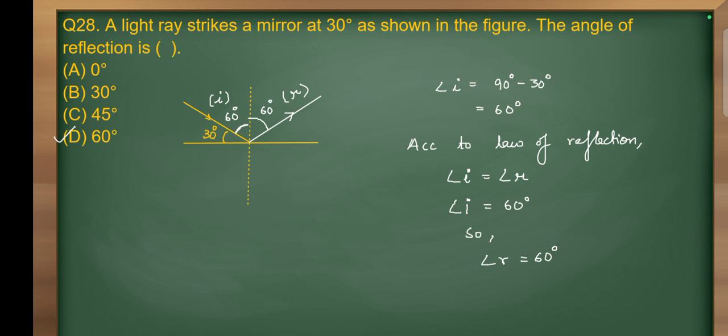So it will become 90 minus 30, so the angle of incidence will become 60 degree. According to the law of reflection, angle of incidence is equal to angle of reflection. So the angle of reflection will also become 60 degree. According to this, option D is correct.